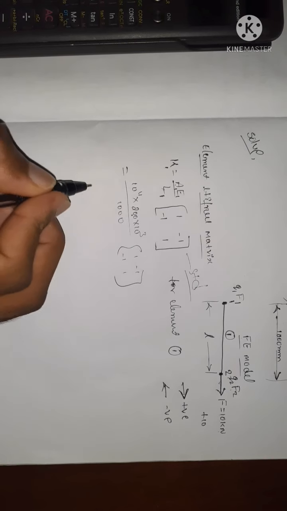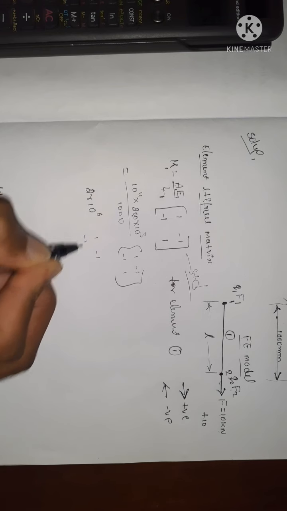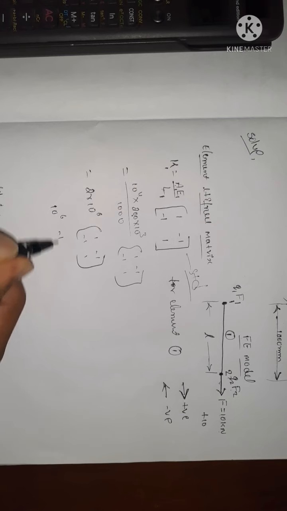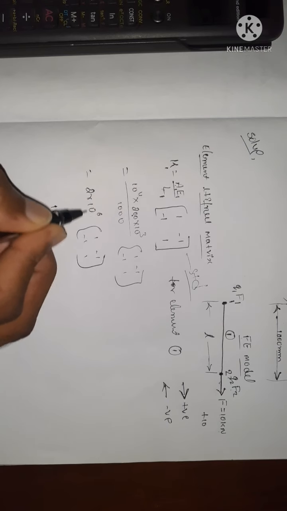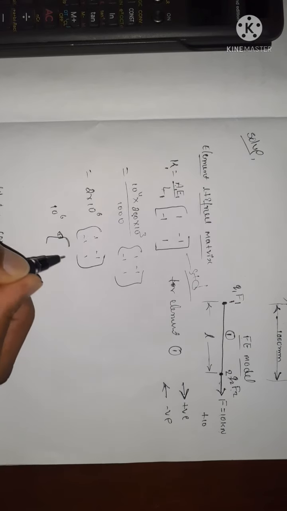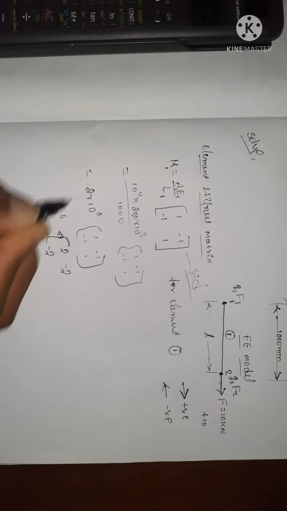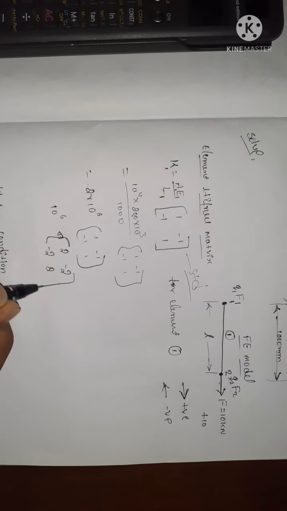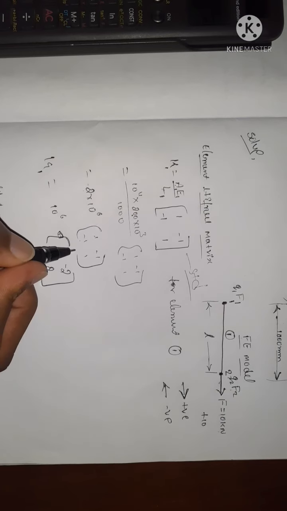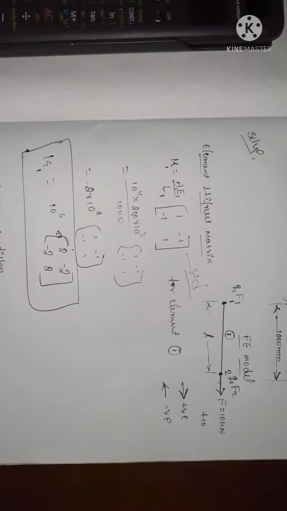So I have 2 into 10 power 6, times [1 -1; -1 1]. Multiplying, you get 10 power 6 times [2 -2; -2 2]. So this is your K1 value.